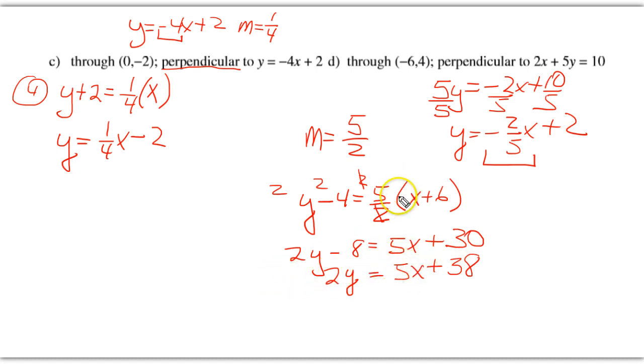But here they wanted it in slope-intercept. So I have to divide everything by 2. And I get y equals 5/2 x, which is what we said, the opposite sign reciprocal of our original equation, 5/2 x, and then this becomes 19.